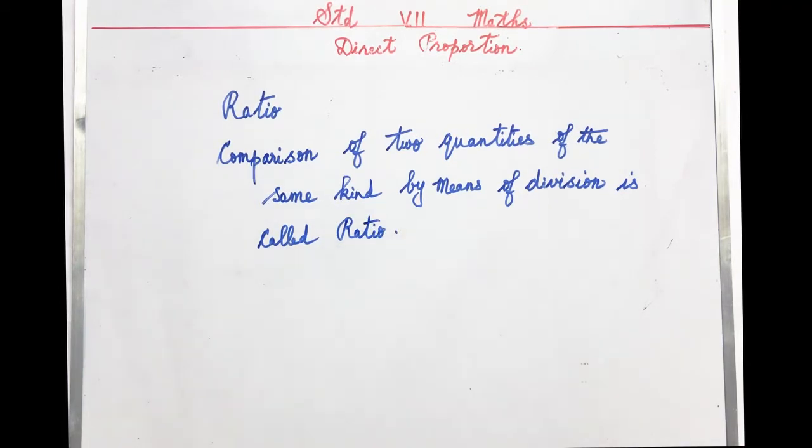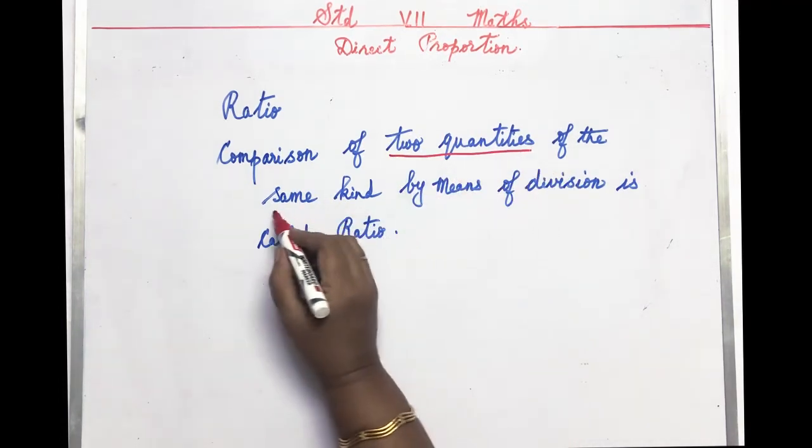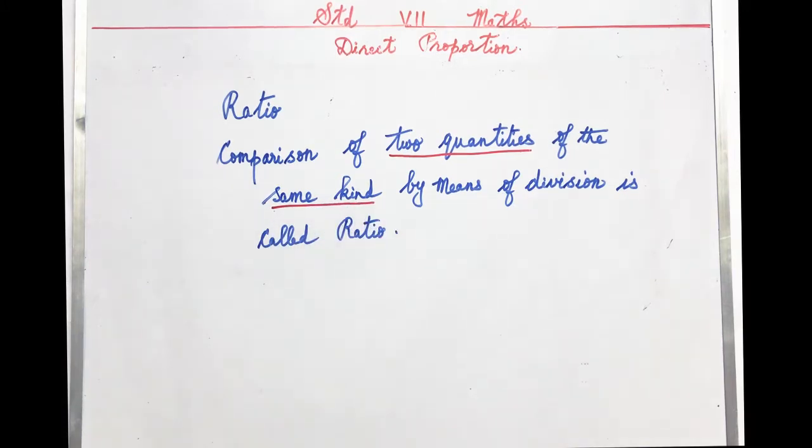So what is ratio? Comparison of two quantities. Comparison of two quantities of the same kind. Here what is the meaning of same kind?